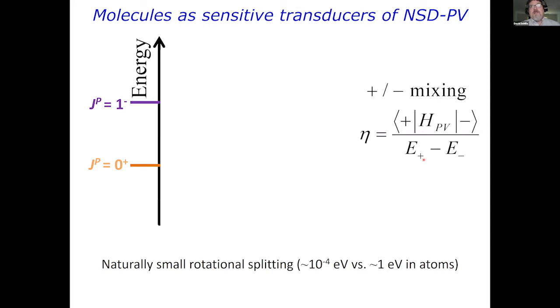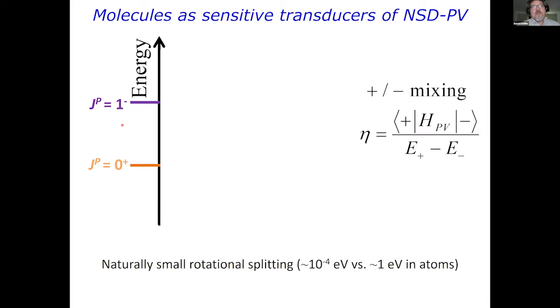In atoms, so in experiments such as Carl Wieman's experiment, this energy denominator is order eV. In molecules, there are opposite parity states associated with rotation, which are much closer together, order 10 to the minus 4 eV, and that seems like it's an advantage. It gives you 4 orders of magnitude larger mixing.